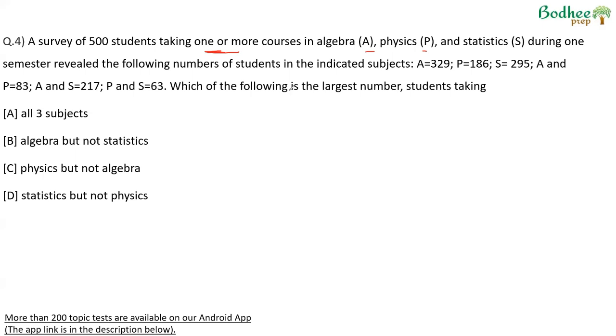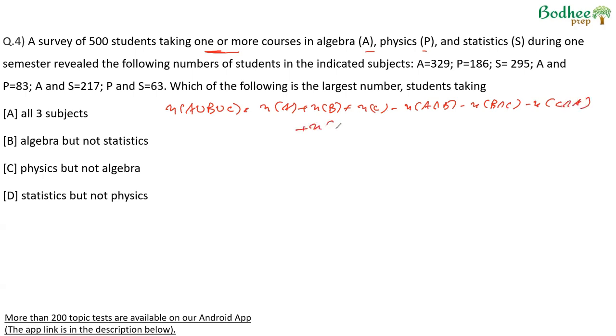So first of all, we write the formula for n of A union B union C. The total number of students is n of A plus n of B plus n of C minus n A intersection B minus n B intersection C minus n C intersection A plus n A intersection B intersection C. Standard formula. We put in the numbers here. Total number is 500. Number of people with A is 329.